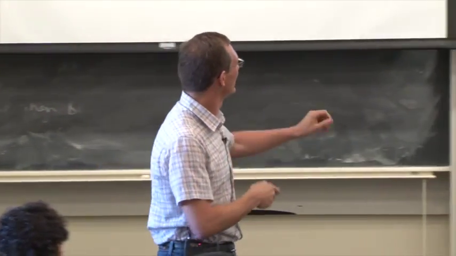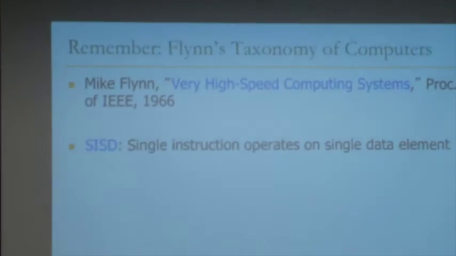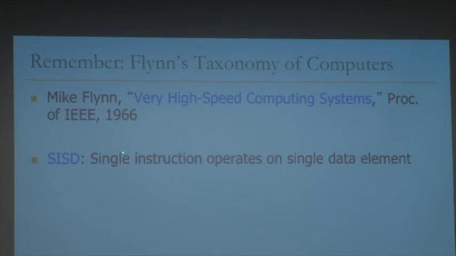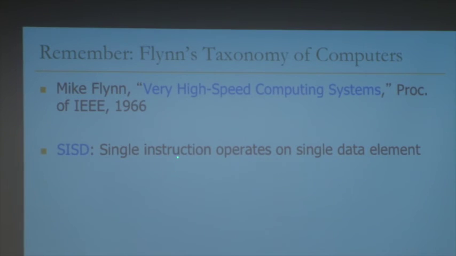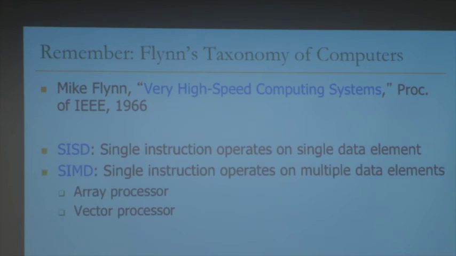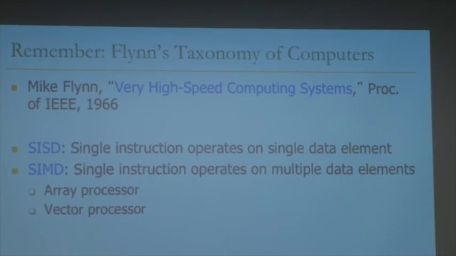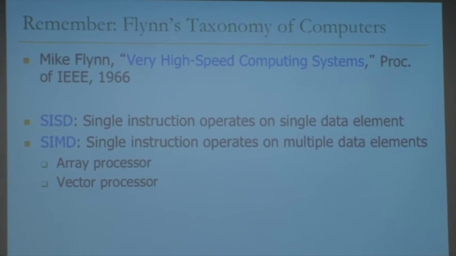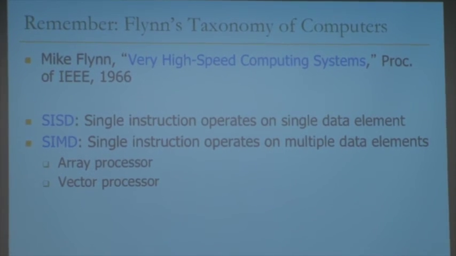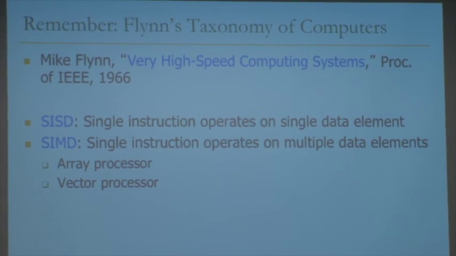One is instruction and the other is data. A computer in which you have a single instruction operating on a single data element, all instructions are like this, is a SISD computer. Single instruction, single data. That's not very interesting, and we've covered that. And that's obviously not a parallel computer, right? If the only thing you have is SISD.